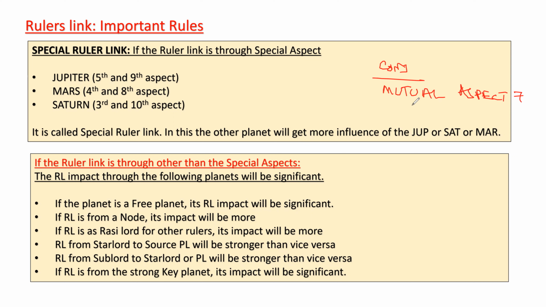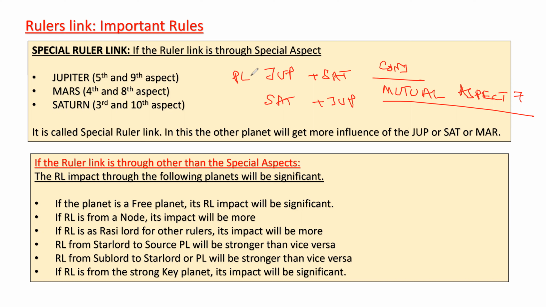Suppose conjunction and aspect, when we take, for example, Jupiter is conjoined with Saturn. What will happen? Jupiter will have Saturn in its supports. And suppose Jupiter is in the nakshatra of Saturn, Saturn will have Jupiter in its supports.